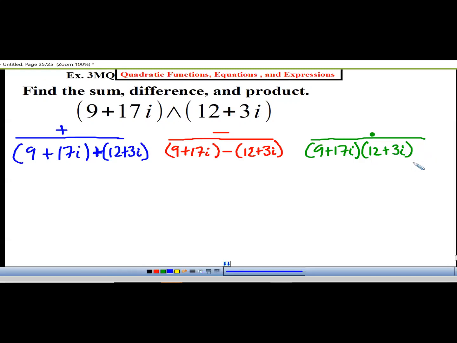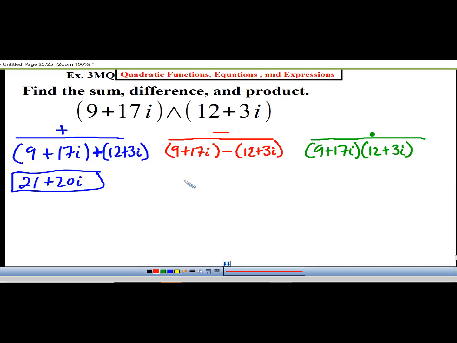All right, let's see what we got for our sum. What'd you get for your sum? Jaziel, thank you. 21 plus 20i. That is correct. How about for our difference? Victor, go.